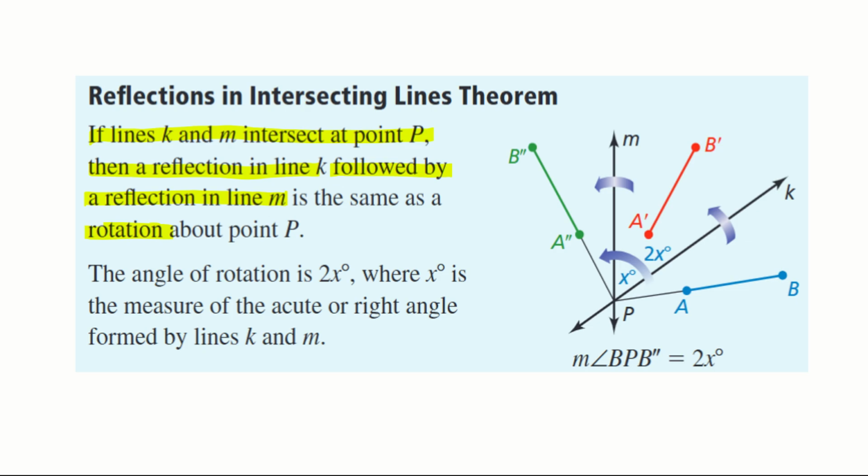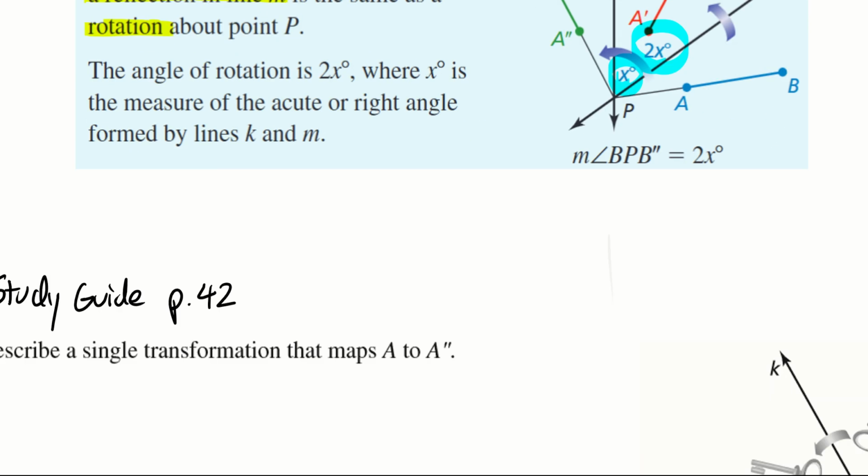Now, what angle is it being rotated by? Well, if the point that the two lines are intersecting at is X, well then the equivalent congruent transformation is simply double that angle. That's all it's saying. Here is one more example that I want to show you of this.